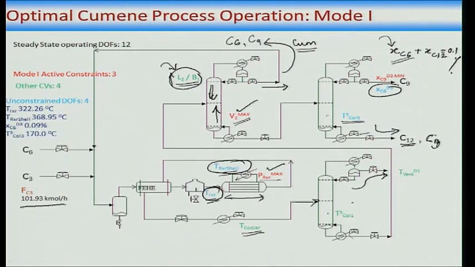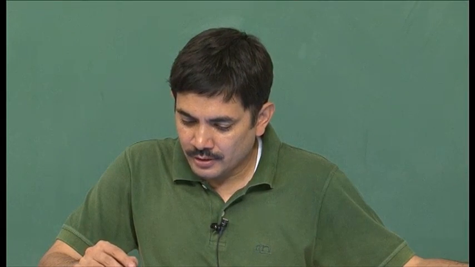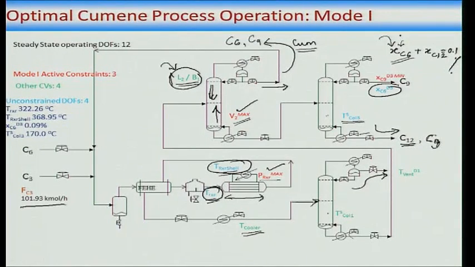And what that means is that how much impurity level I allow here sets how much impurity level I allow here, and that sets how much steam I consume here. So, my total steam consumption is this plus this, the boil up here plus the boil up here.